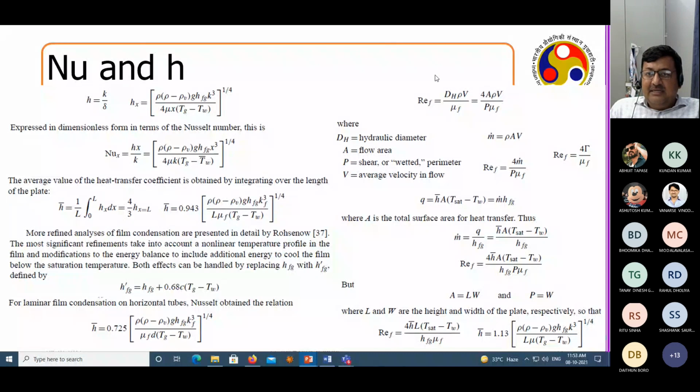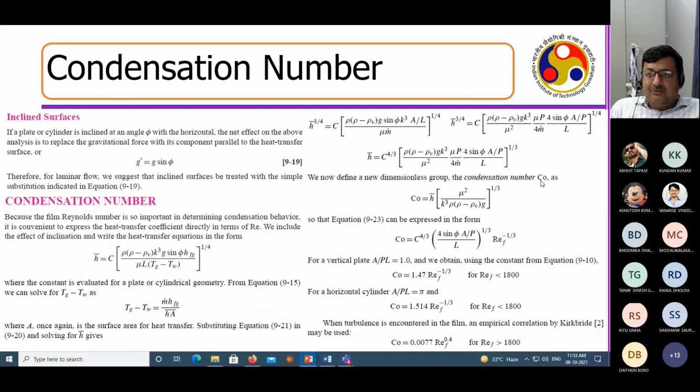Essentially, it connects the hydraulic diameter, as wetted perimeter, to the heat transfer coefficient and to the condensation number. Whenever you are doing condensation, you first look for the condensation number, then you calculate the heat transfer coefficient, and then you get all the properties you require.